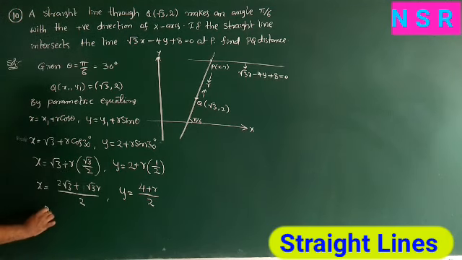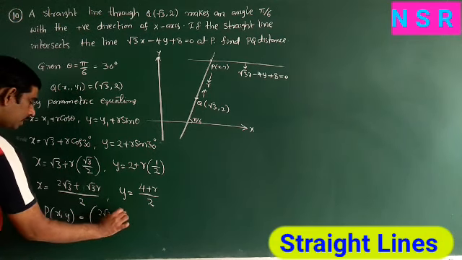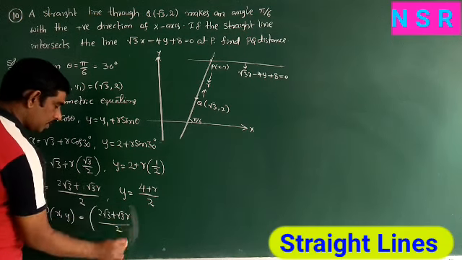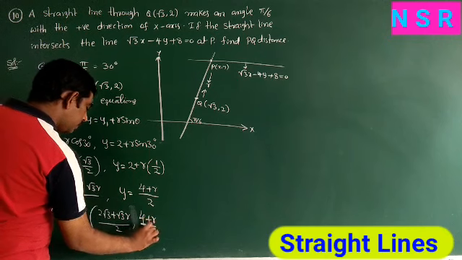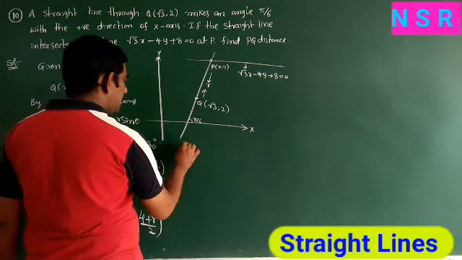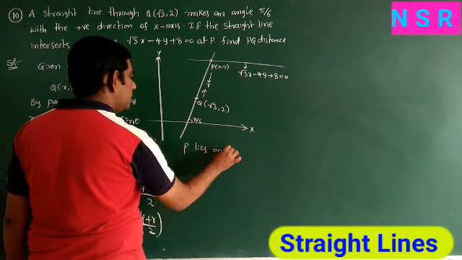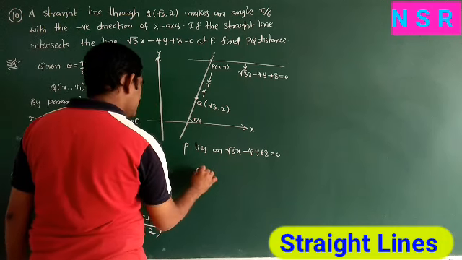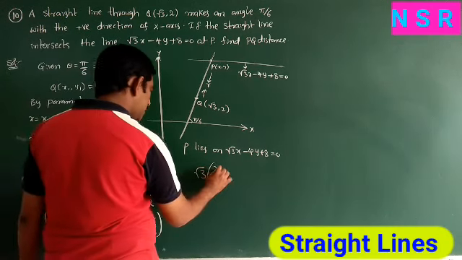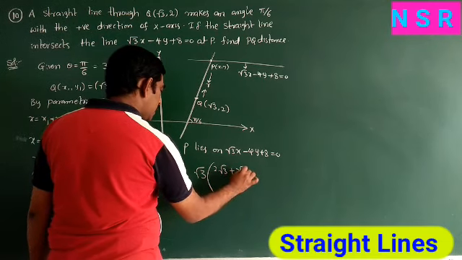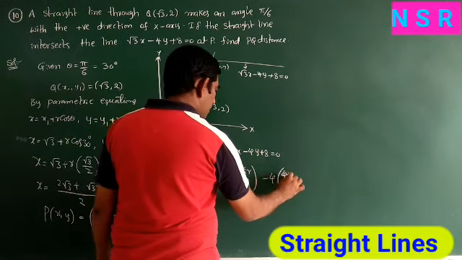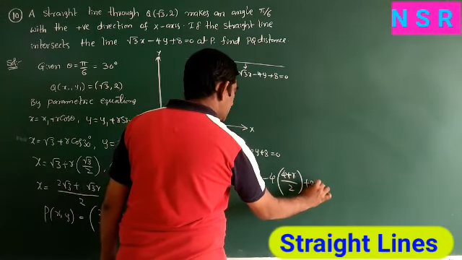Now P lies on root 3x - 4y + 8 = 0, so in place of x and y, substitute these values: root 3 into (2 root 3 + root 3 r)/2 minus 4 into (4 + r)/2 plus 8 equal to 0.